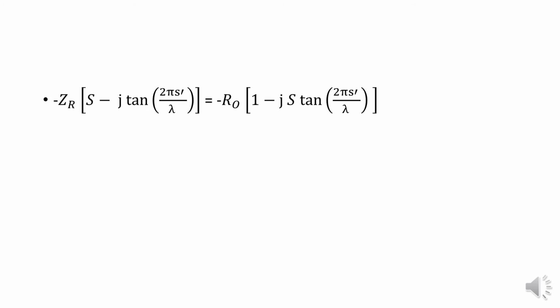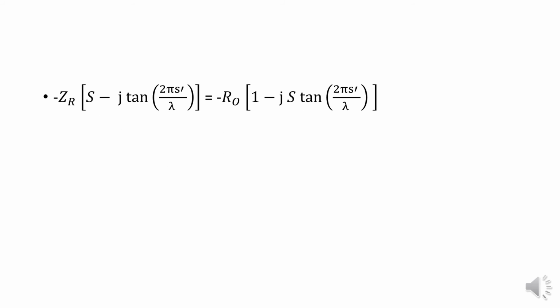Now we take minus Zr as common: minus Zr into (S minus j tan 2 pi S dash divided by lambda). In the second term, minus R naught is common: minus R naught into (1 minus j S tan 2 pi S dash divided by lambda).